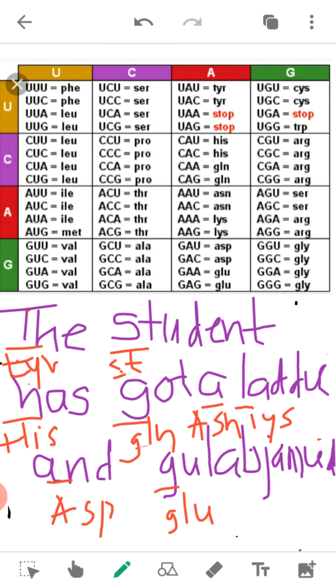That is, for the third column, we can remember that the student has got a laddu and gulab jamun.